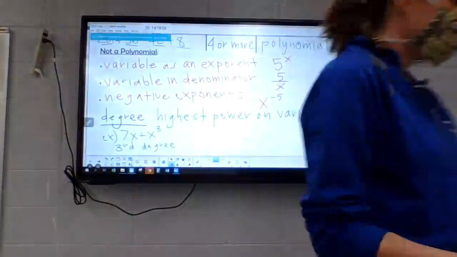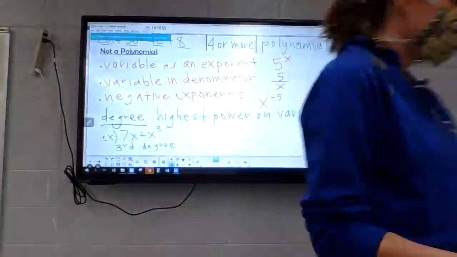Now when we go to add those two together, if you recall, we add or subtract the coefficients, the numbers in the front, whatever it tells us to do. So we're going to add those numbers in the front.